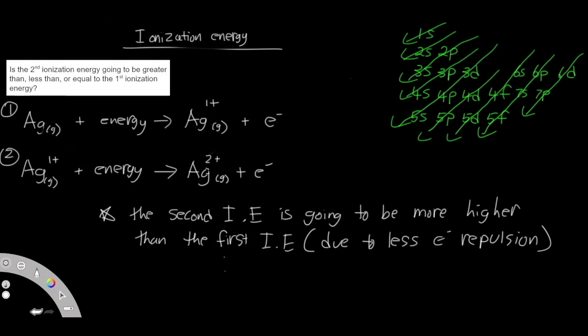So it is a lot better to draw it out using the aufbau principle method and see how these stack up to one another. Does it logically make sense? Are they stable? Are they not stable? Remember these electron spins. That will give you a better indicative answer of whether the second ionization energy is going to be higher than the first.